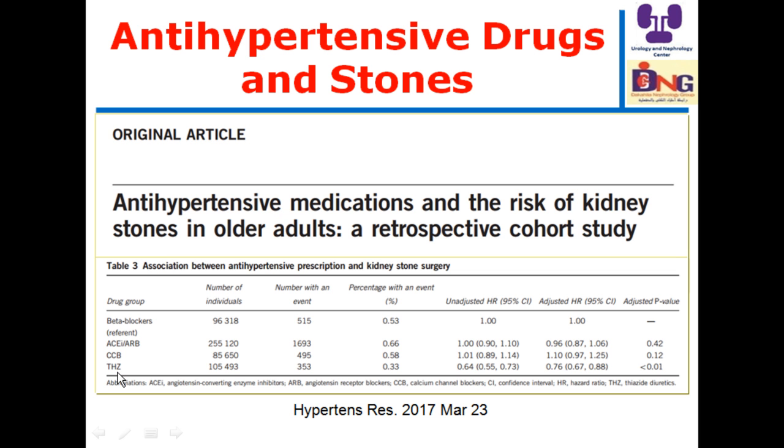So they decrease calcium excretion through the urinary tract. This is why thiazide is associated with low risk of stones for patients aged above 65 years, whereas ACE inhibitors, ARBs, and calcium channel blockers have a comparable risk of kidney stones. So the only drug with a drastic reduction of stones is thiazide.